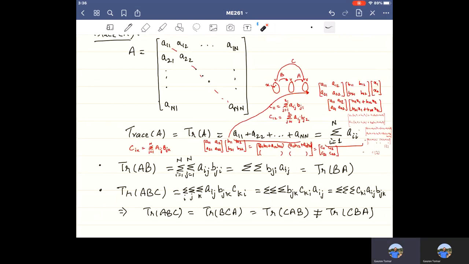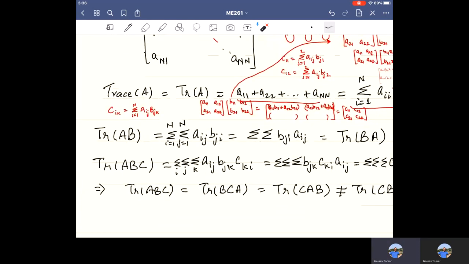Anyway, coming back to the properties of trace, you will write trace of AB as follows. First you take the product, so this is Aij Bjk, and then you have to write the k also as i. So it will become the summation of all the terms Aij into Bji.